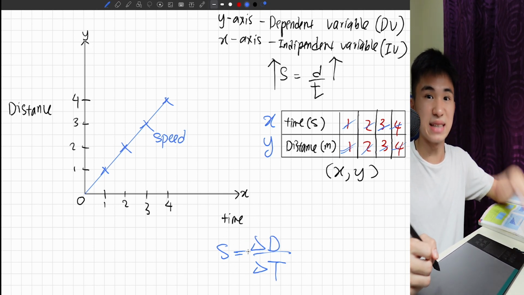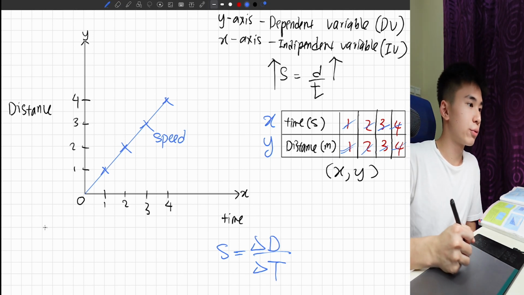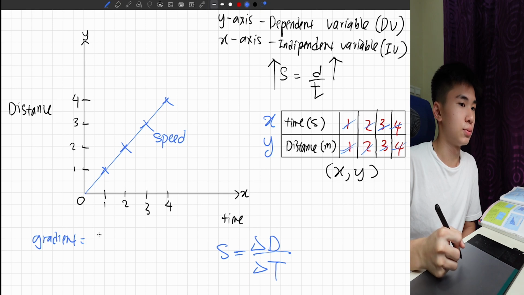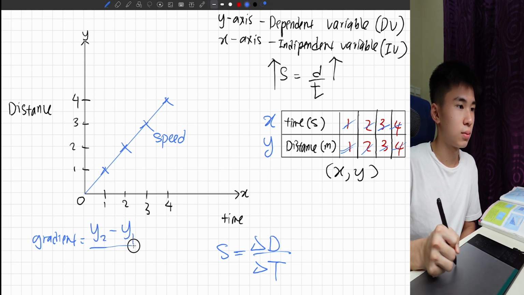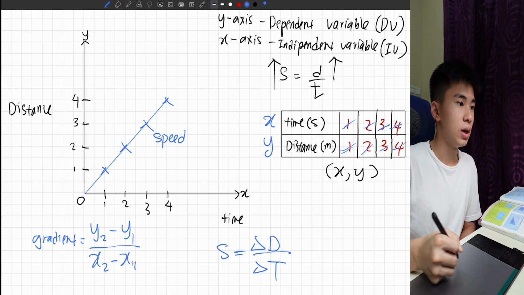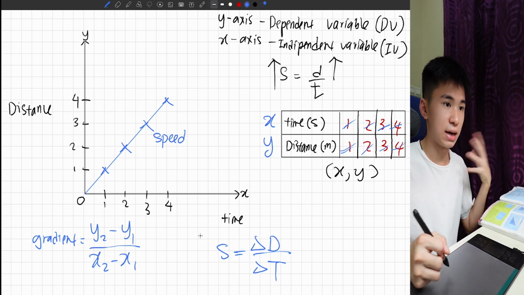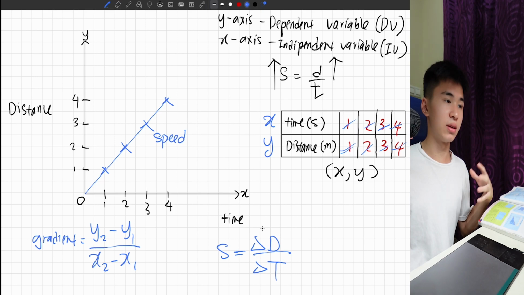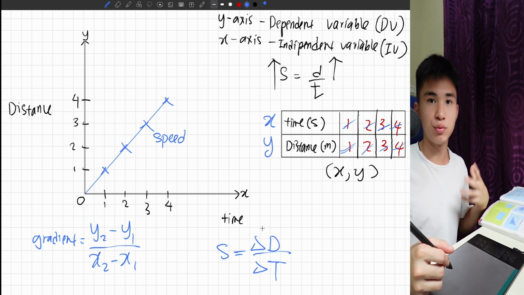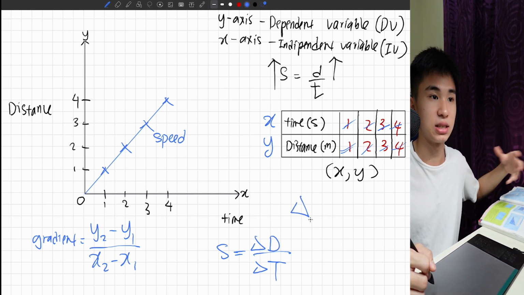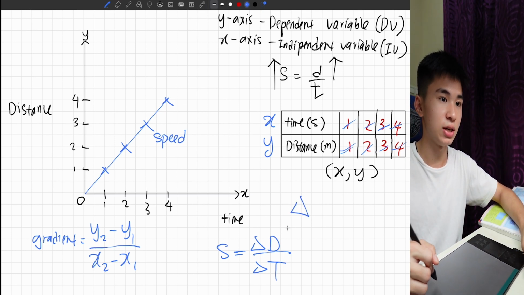This speed is actually a gradient, okay? So the gradient formula is gradient equals y2 minus y1 over x2 minus x1. The minus means change in something, which is delta. In physics or chemistry or science, we put a delta sign like this, which indicates the change in something.